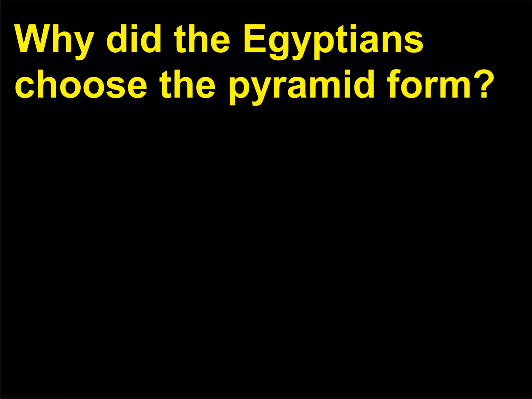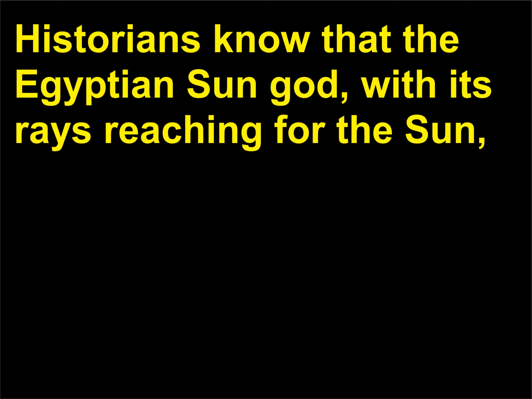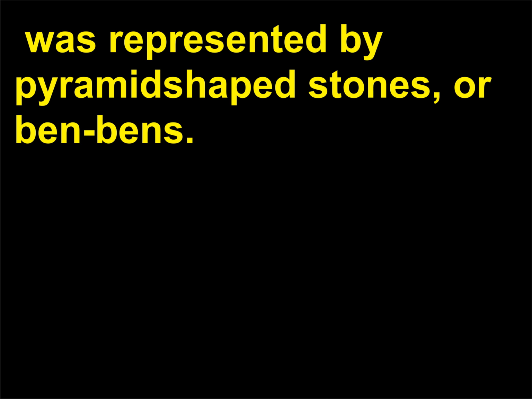Why did the Egyptians choose the pyramid form? Historians know that the Egyptian sun god, with its rays reaching for the sun, was represented by pyramid-shaped stones, or benbens.